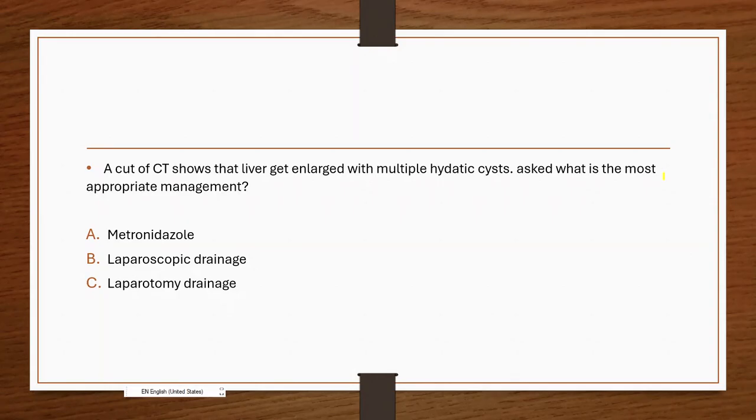A CT scan shows that the liver is enlarged with multiple hydatid cysts. It asks, what is the most appropriate management? A, metronidazole; B, laparoscopic drainage; C, laparotomy drainage.